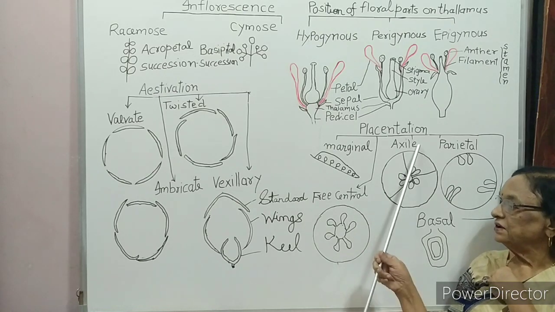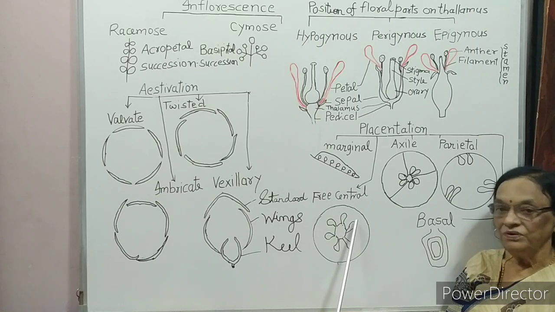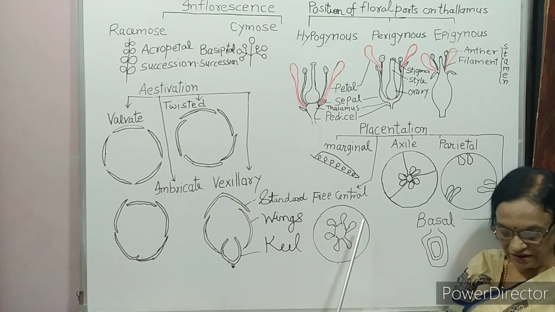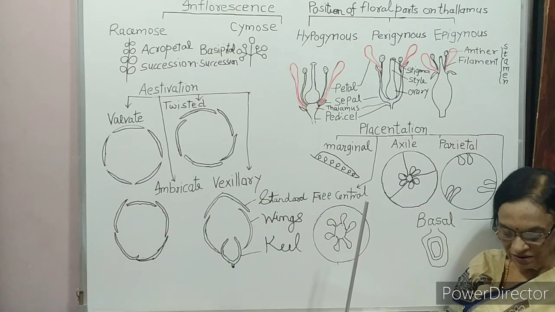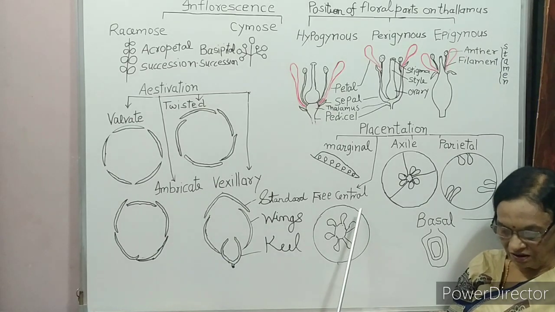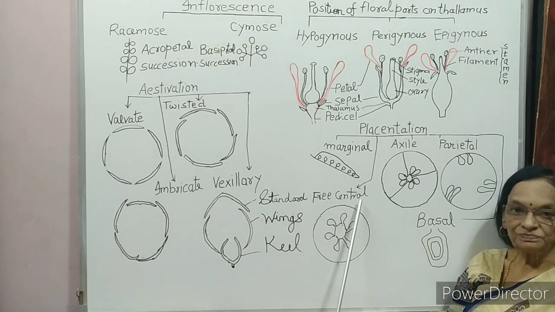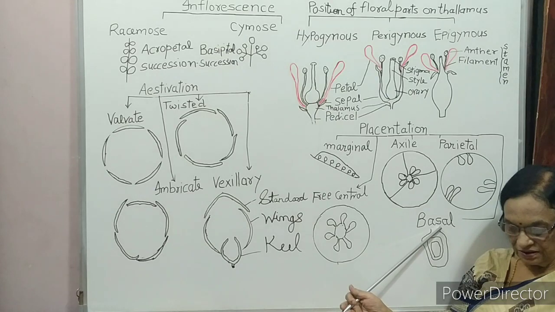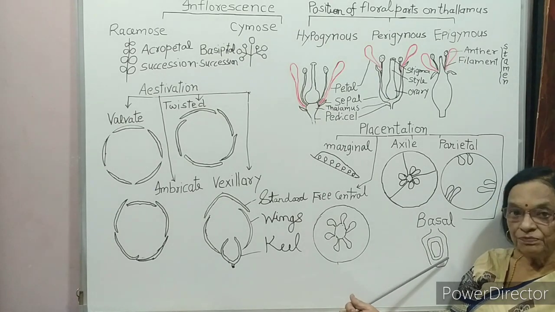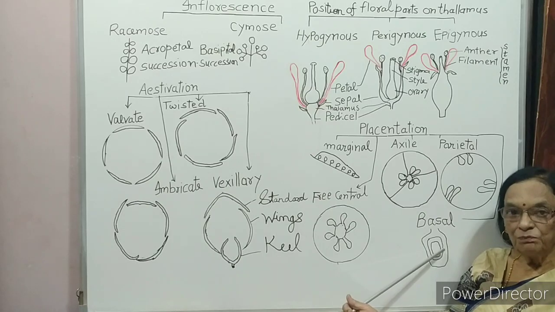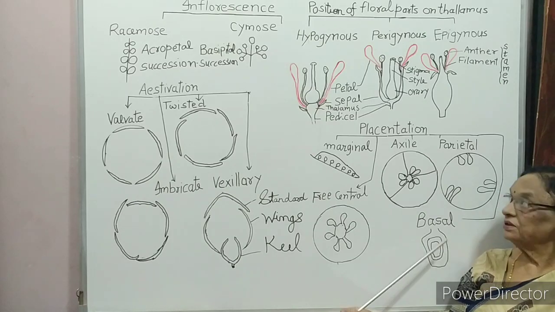Here there is no partition and ovule arise directly from the center. Such a type of placentation is called free central. Basal placentation is seen in some plants where ovule arise from the base of the ovary.